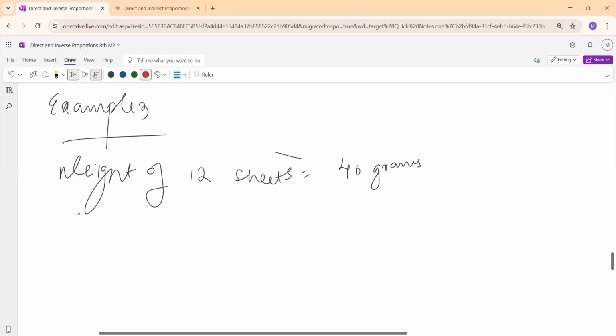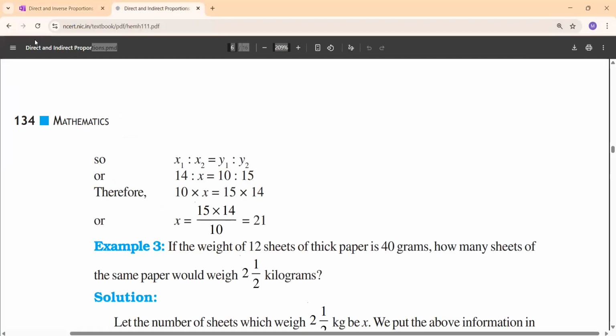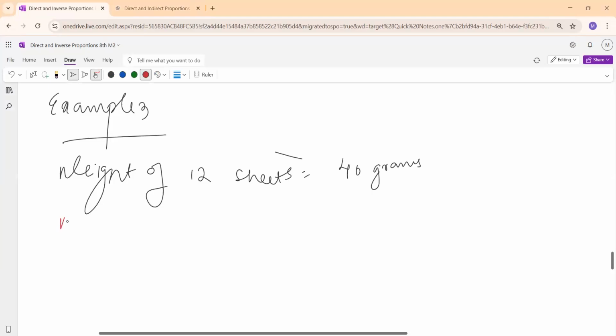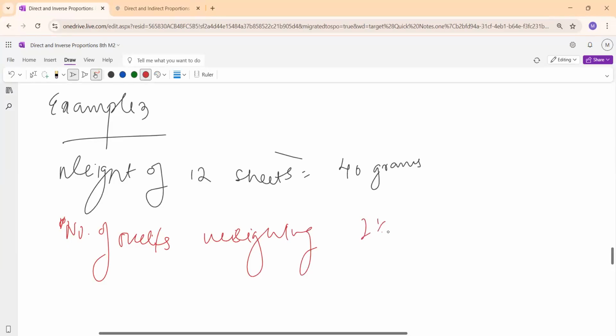So the number of sheets weighing 2.5 kgs, or we can say this is equal to 2,500 grams, is equal to how much? We have to find that.